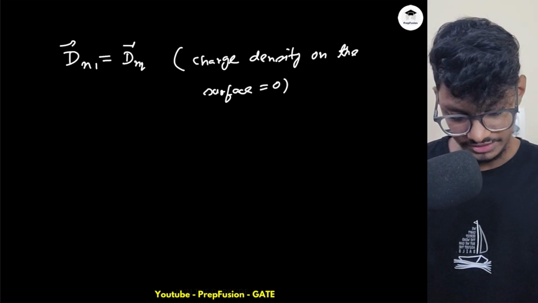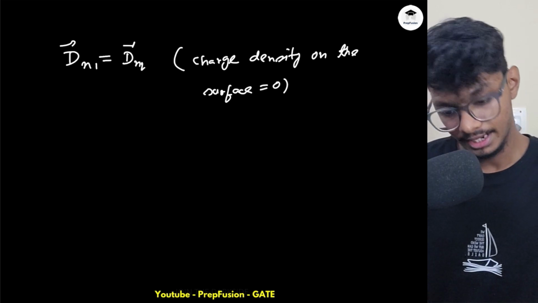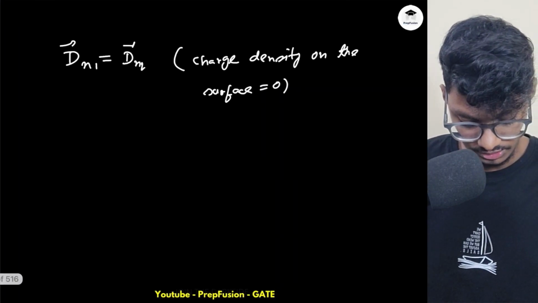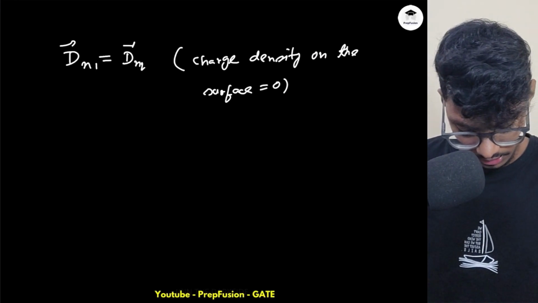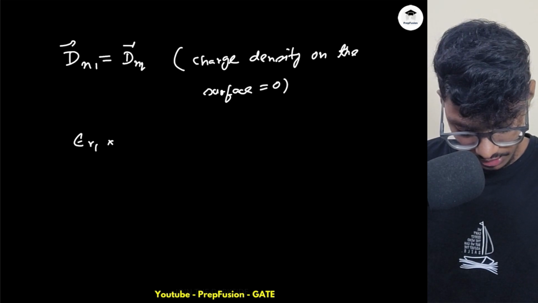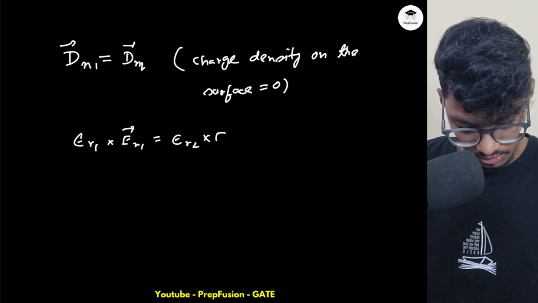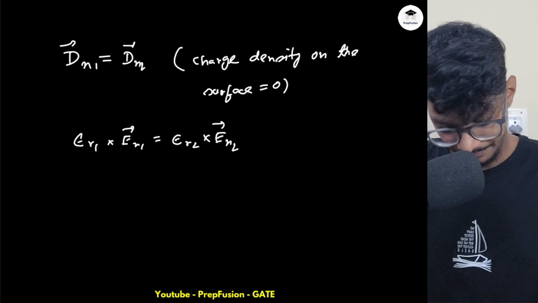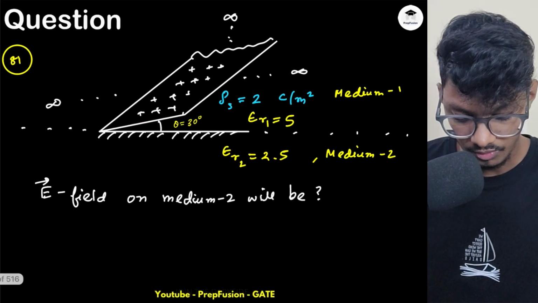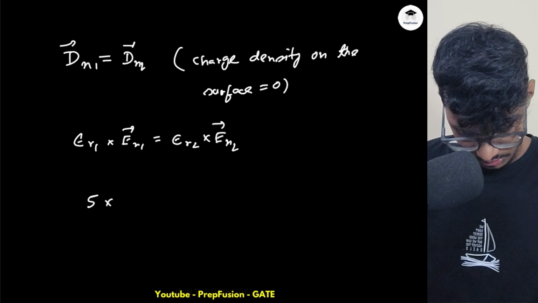So if charge density on the surface is 0, what can I say? I can say that rho s by 2 epsilon is 0, right? So epsilon r1 into En1 should be equal to epsilon r2 into En2. Epsilon r1 is how much? Epsilon r1 is 5 into En1.